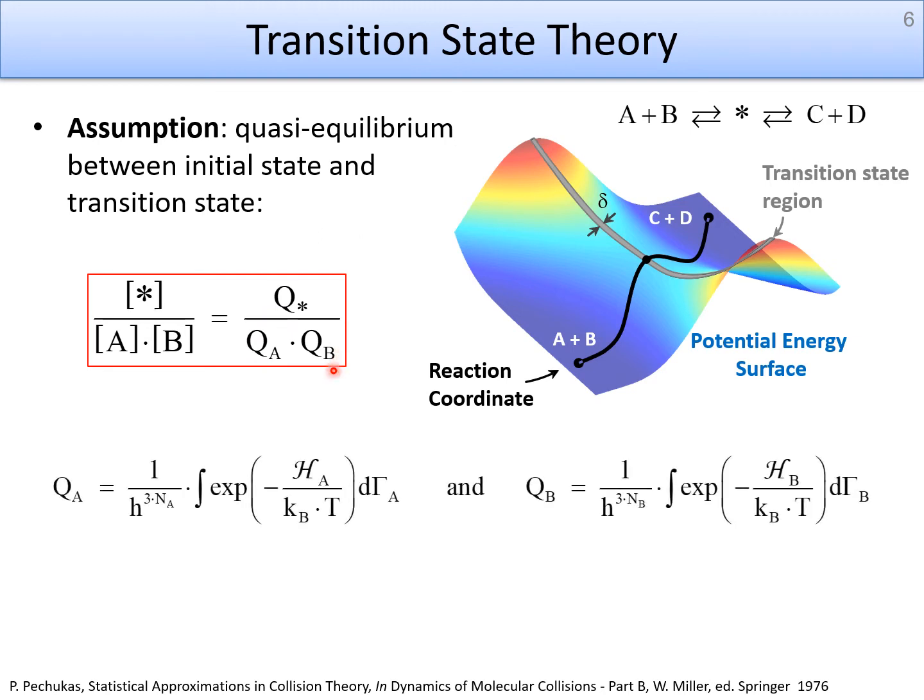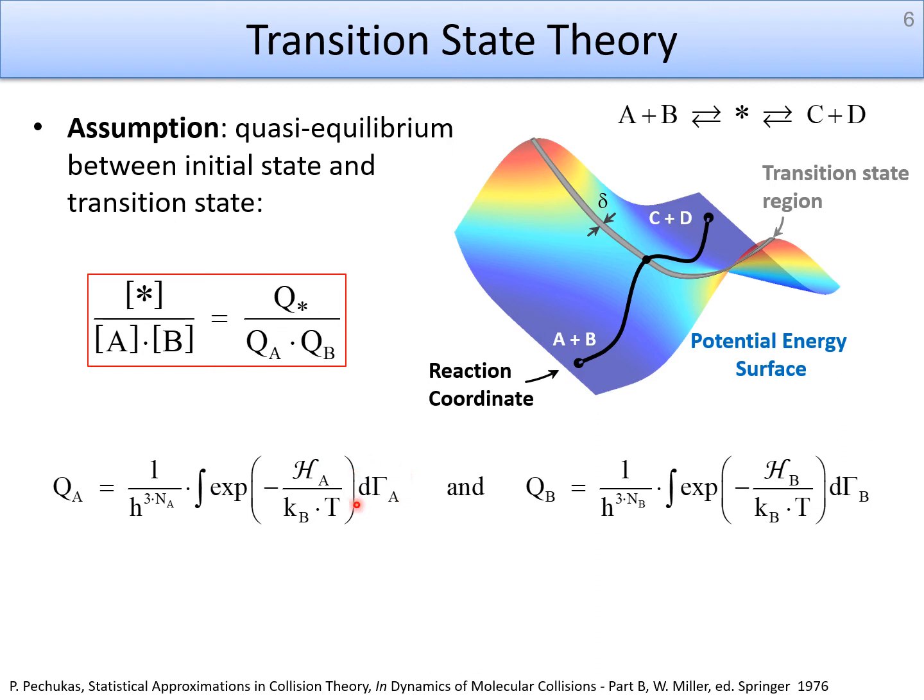So we can write these partition functions. We use classical statistical mechanics in our derivations. So this is supposed to be the classical Hamiltonian containing momentum and the potential energy contribution for reactant A. This formula we have seen before.